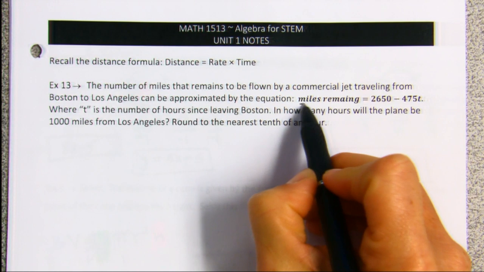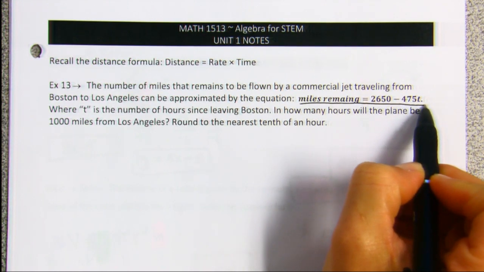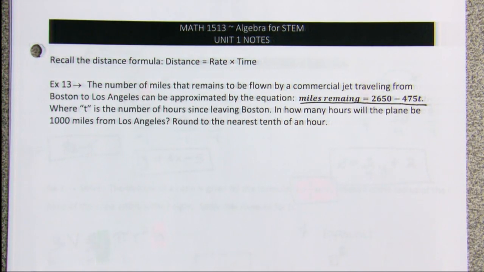They're giving it to you: miles remaining equals 2650 minus 475t, where t is the number of hours since leaving Boston. How many hours will the plane be 1,000 miles from LA? Round to the nearest 1/10 of an hour.